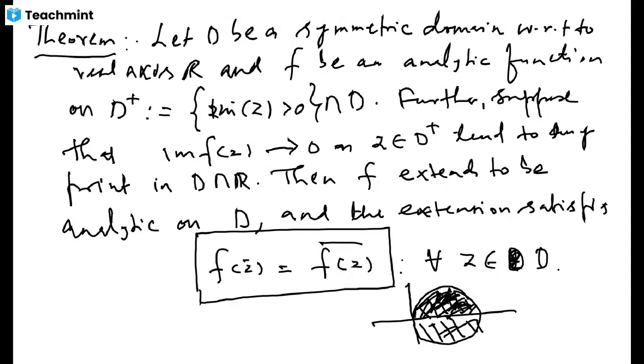So let's begin. Let's try to see how it works, how it happens. For the proof, let us write f as its real part and imaginary part, f = u + iv. Since f is analytic, at the beginning defined only on D plus, u and v are harmonic functions.